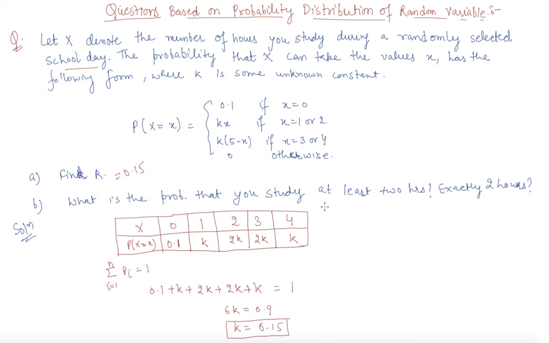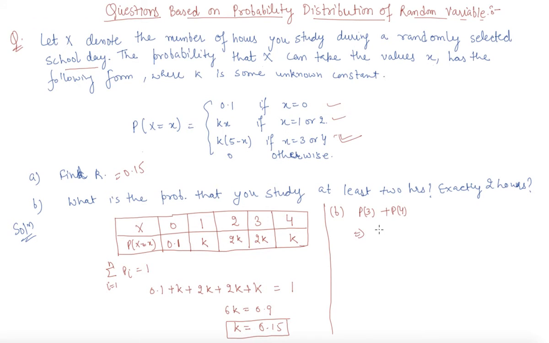Okay, and the next part, b. So in the first part of b, what is the probability that you study at least 2 hours? At least 2 hours means it should be either 2, 3 or 4 hours. So we will add the probability of 3 plus the probability of 4 hours studying.